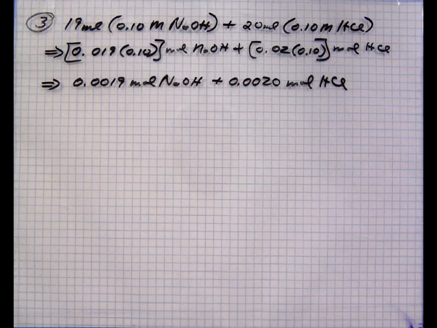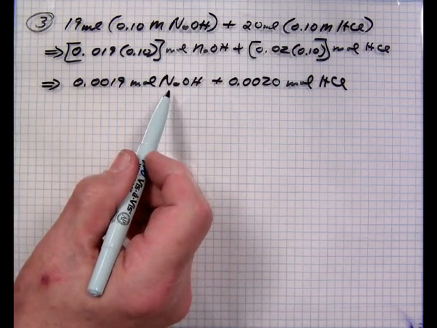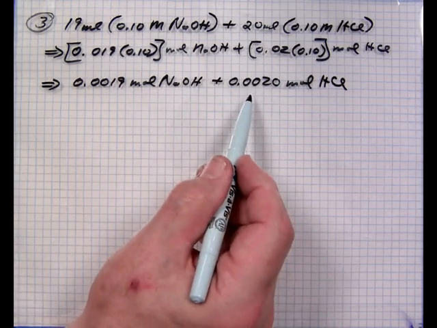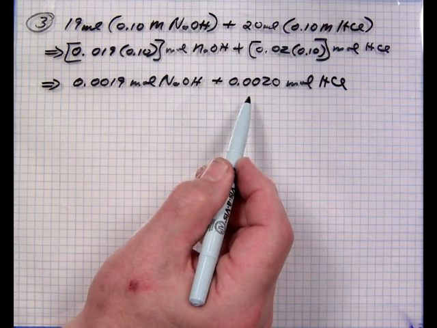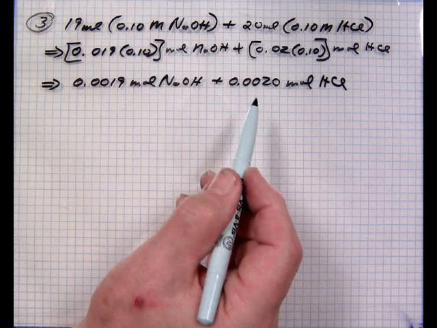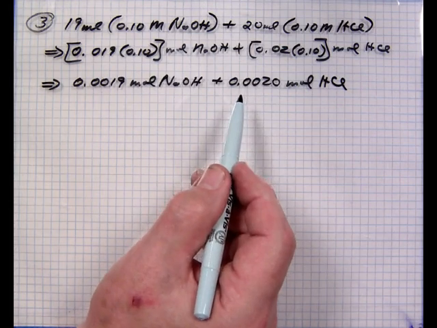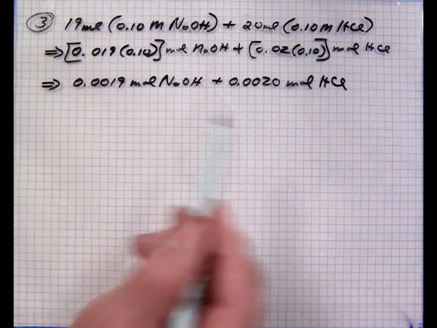So now we have 0.0019 mole of sodium hydroxide mixed with 0.002 moles of hydrochloric acid. So the 0.0019 mole of sodium hydroxide will neutralize 0.0019 mole of the hydrochloric acid, and we'll have a little bit in excess.